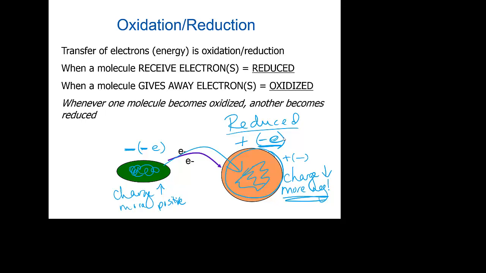If you're accepting electrons, why are you reduced? Your charge is reduced. It's decreased, it's more negative. If you're giving up electrons, you become what we call oxidized. This is important to keep track of as we talk about these different reactions as we go.